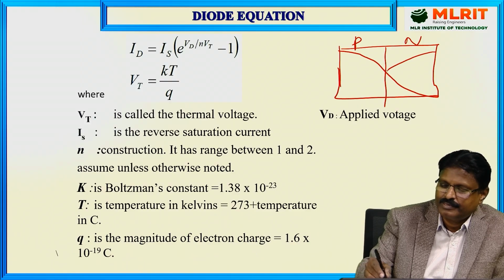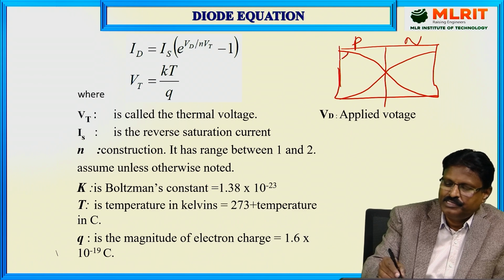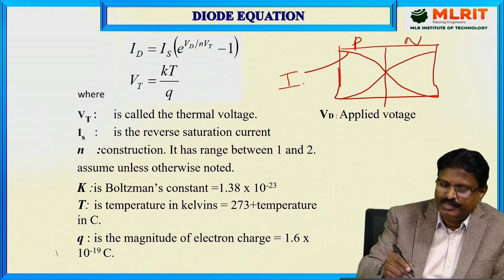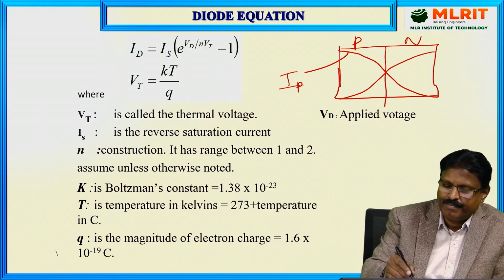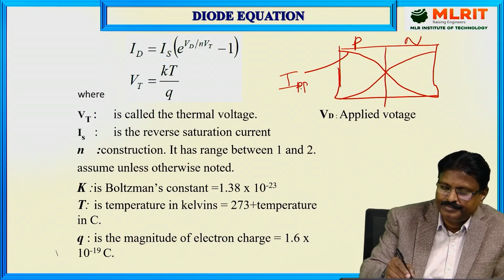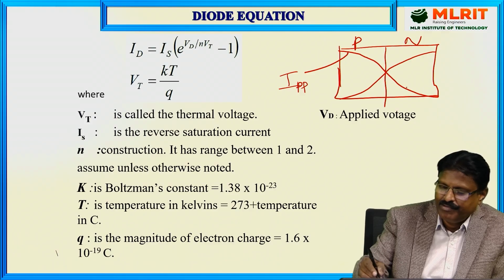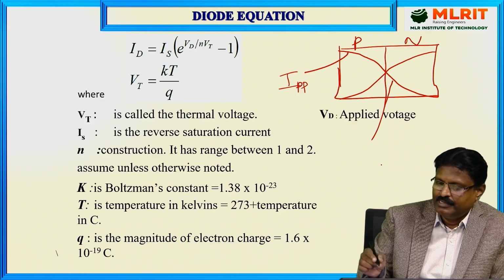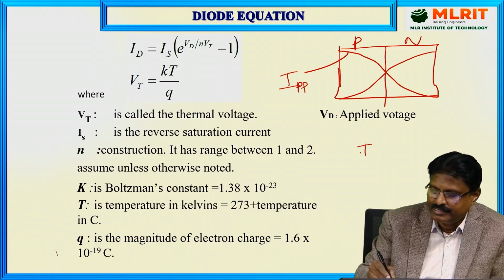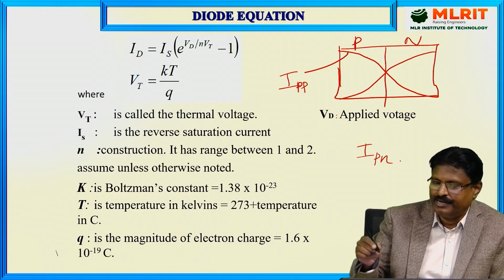This curve is the current due to drift, which can be written as IP. Whenever holes diffuse from the P side to the N side, I can call this current the hole diffusion current, IPN.